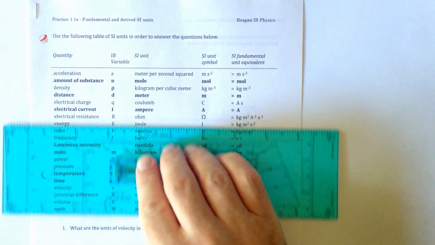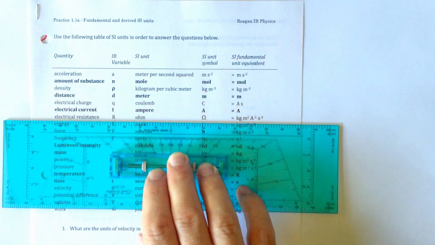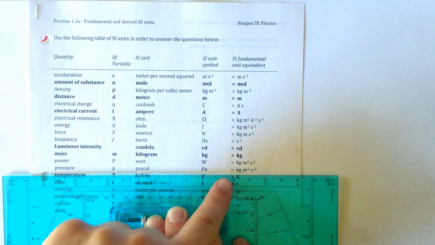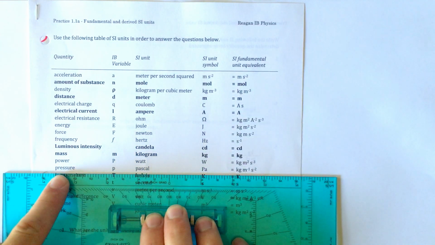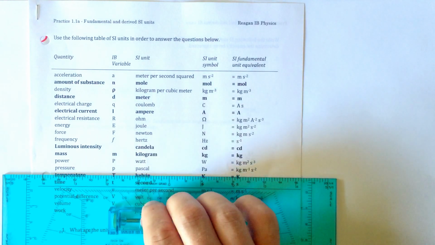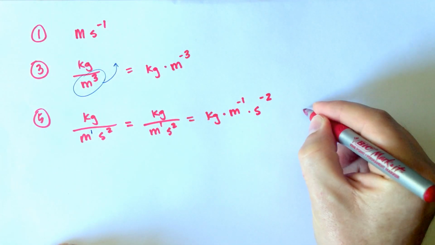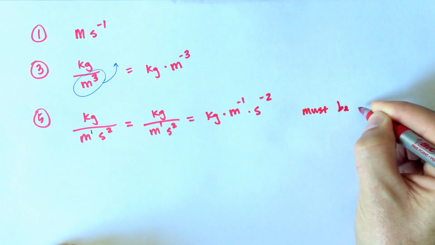So if we look at the fundamental SI units and look for kilograms meters to the -1 seconds to the -2, I find it here, and units like that could only mean a quantity that is a pressure, right? So this must be pressure.